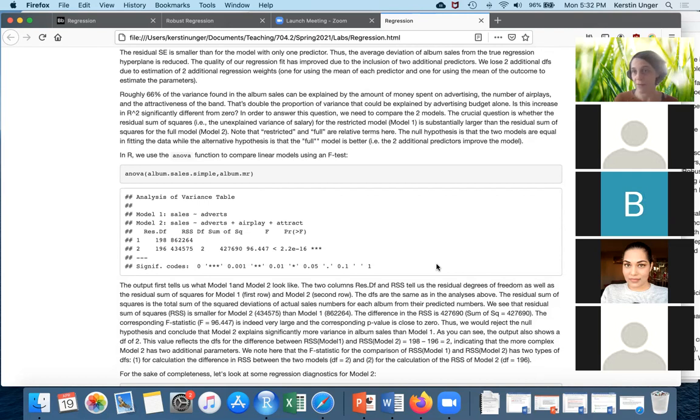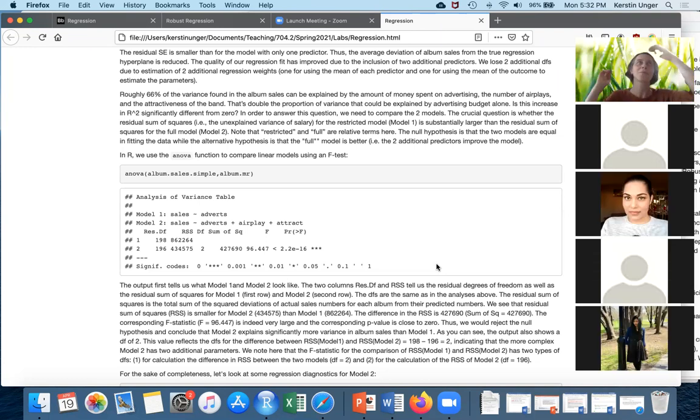But is that a statistically significant increase? Is that reliable? Or is it a probable result even if they came from the same underlying population, where airplay and attractiveness actually don't play a role?